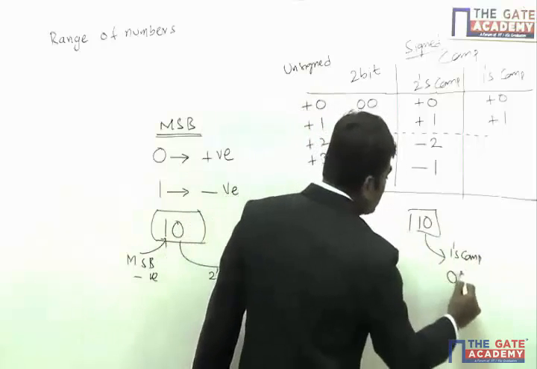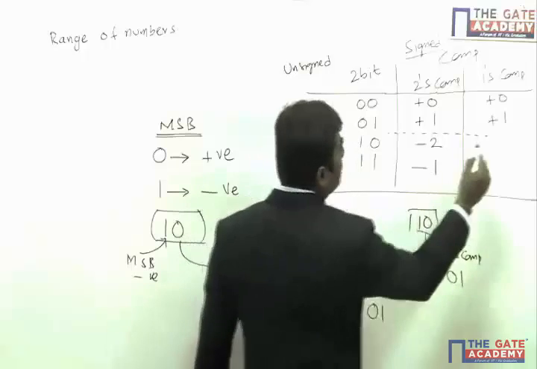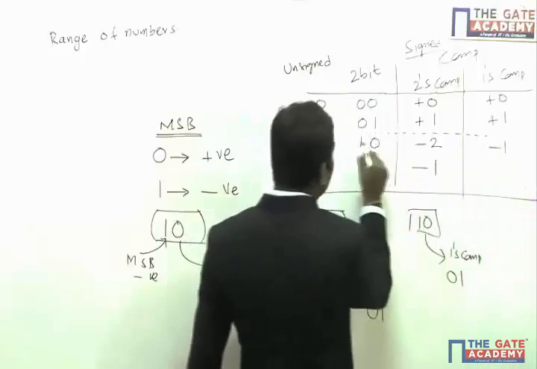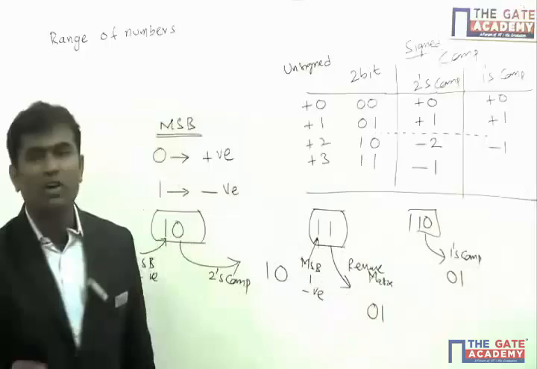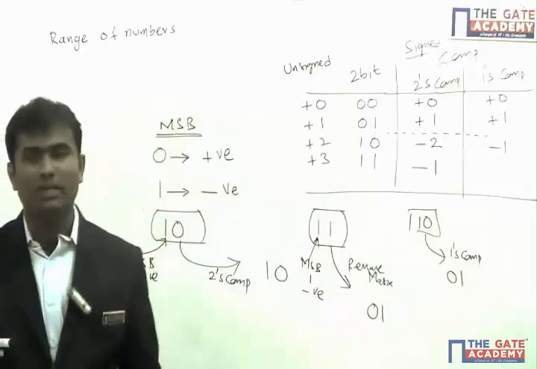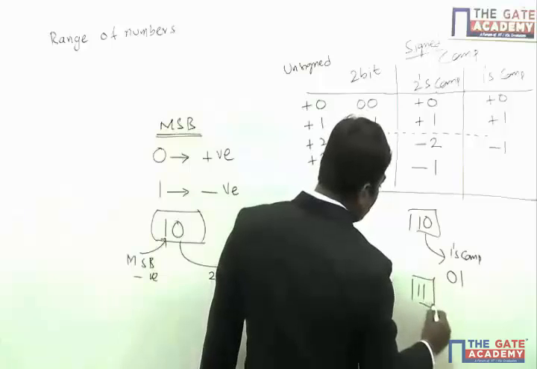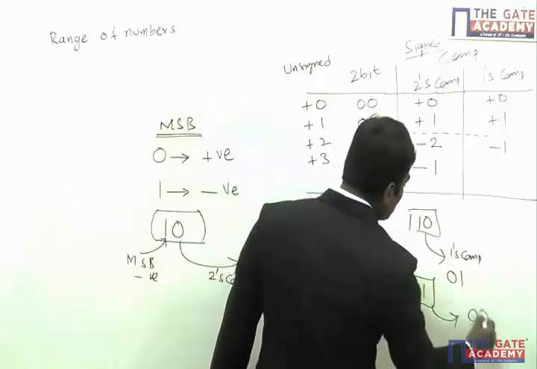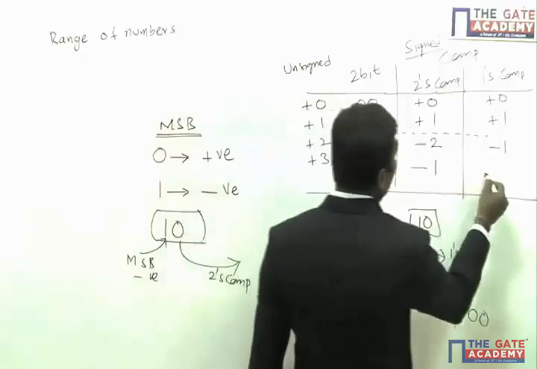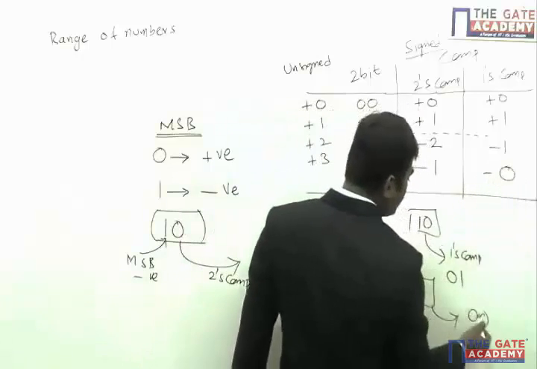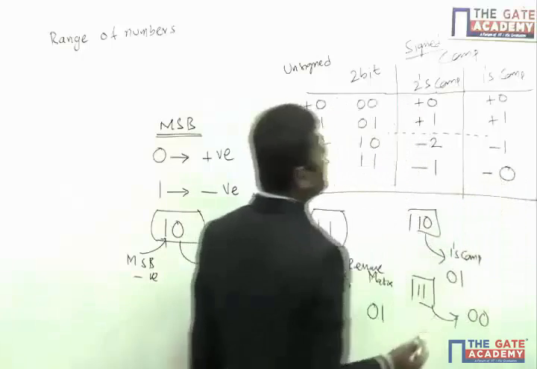What does it become? 0 1. What is the magnitude? 1. So this combination in terms of 1's complement represents minus 1. Now come to 1 1. This number is also wearing a mask. Remove the mask, it becomes 0 0, and since you have removed the mask, you will write it as 0 0, magnitude 0, with a negative sign.